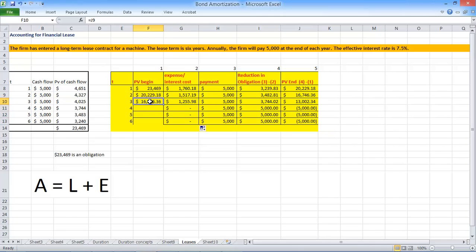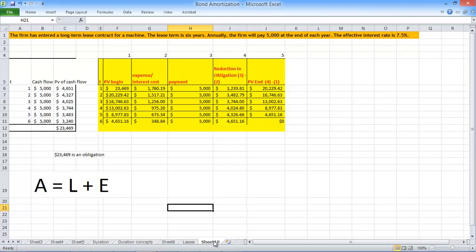If our obligation has not gone down to zero, that means we have made some mistake, and we'll see where we did our mistake. Okay, so you can see it's almost zero because there's some rounding errors. That's why we have this problem, but we can try to fix it.